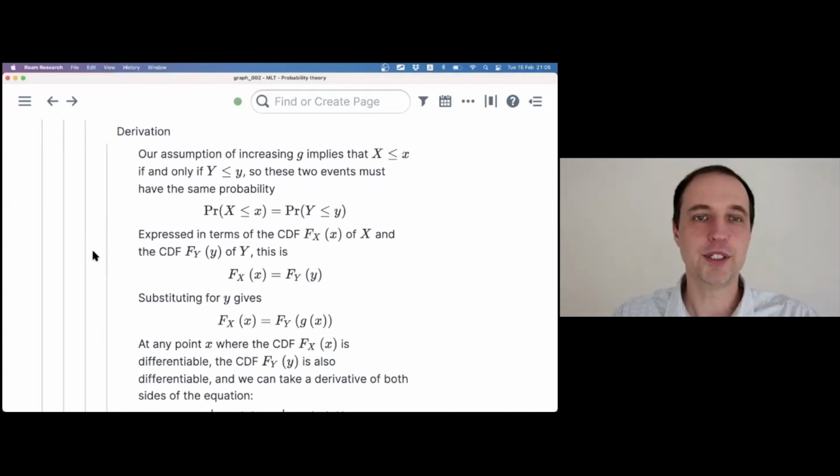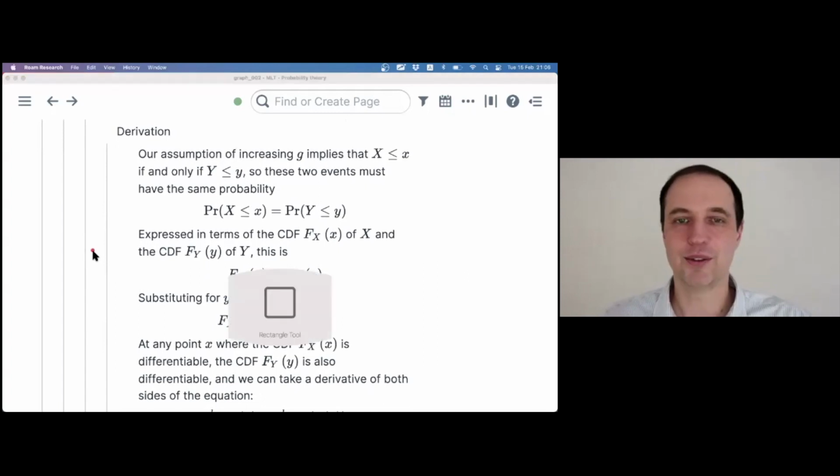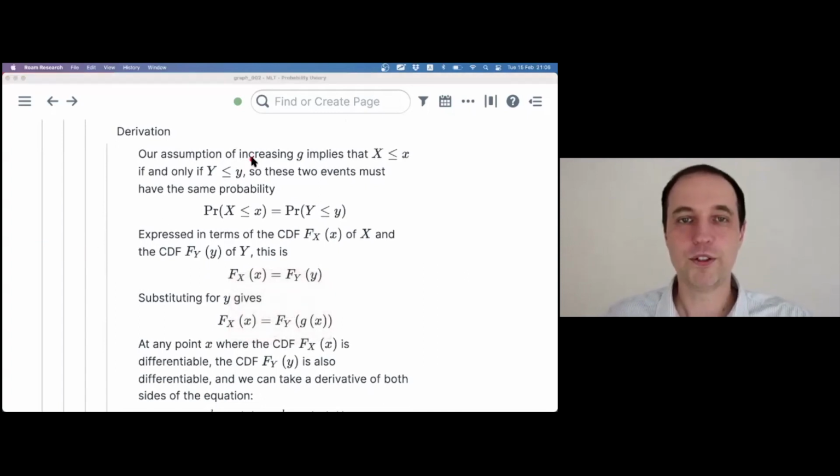As for the derivation, it's not terribly complicated, although there are quite many pieces of notation to introduce. We start with the observation that if g is increasing, then the probability that x is below a certain cutoff must be equal to the probability of y being below the cutoff that precisely corresponds to the value of x.